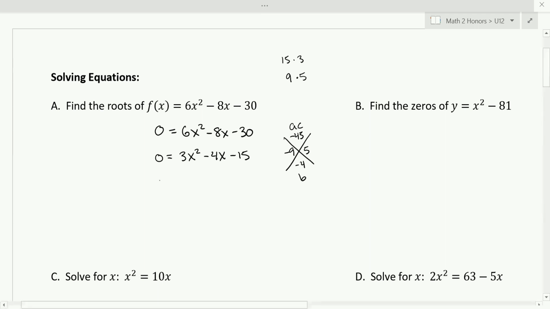So then we got 3x squared minus 9x plus 5x minus 15. Go ahead and finish that problem.